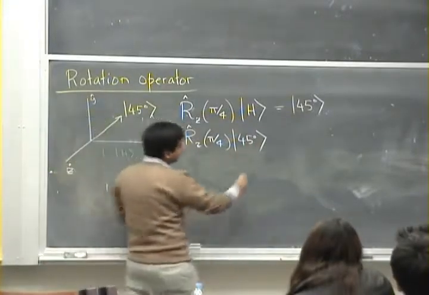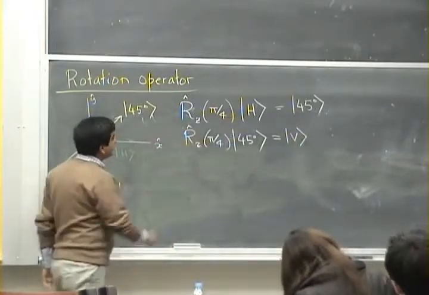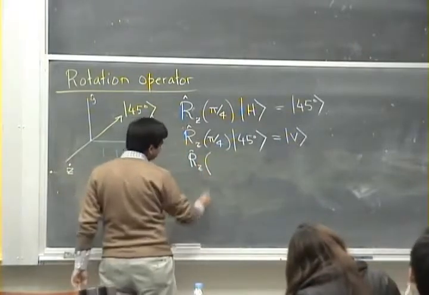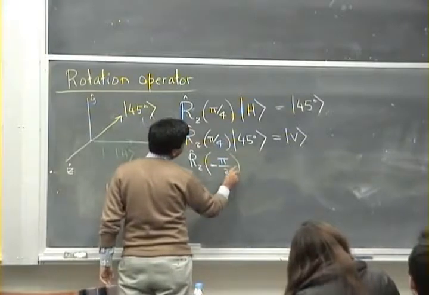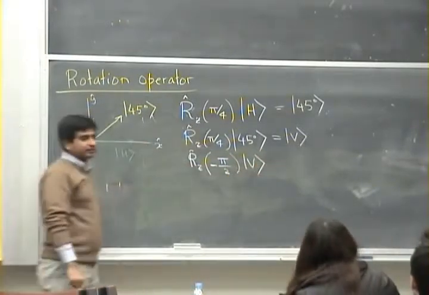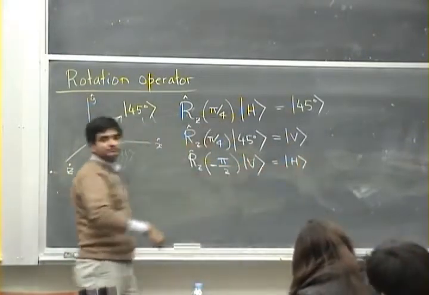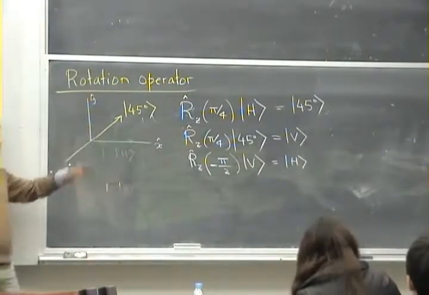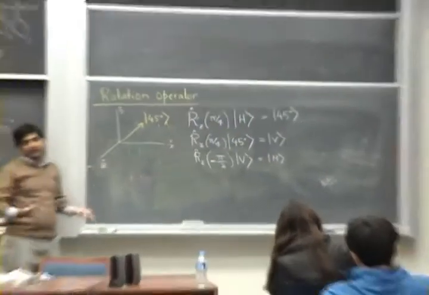I will get the vertically polarized state, ket V. If Rz acts through an angle of minus 90 degrees on the vertically polarized state, I would get ket H, and so on. I'm taking positive angles to be clockwise rotations. I'm using a right hand convention. I have to define my convention.